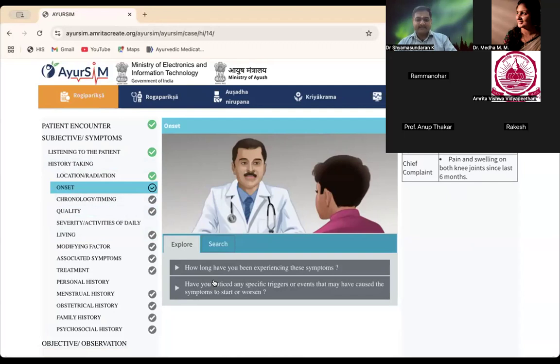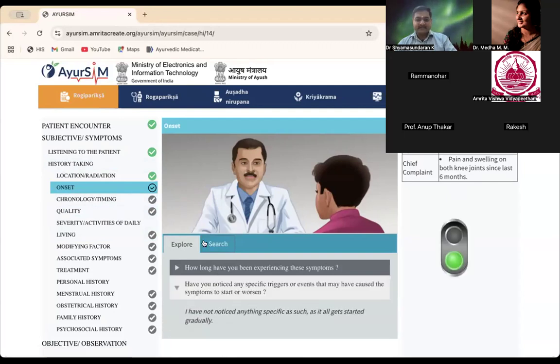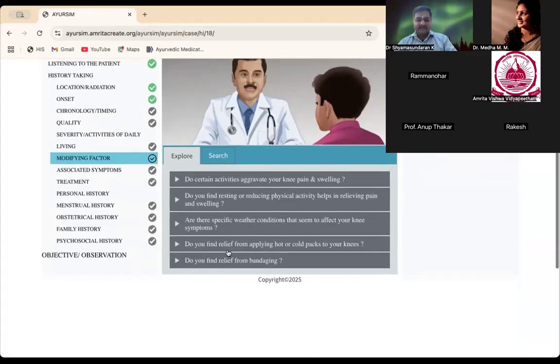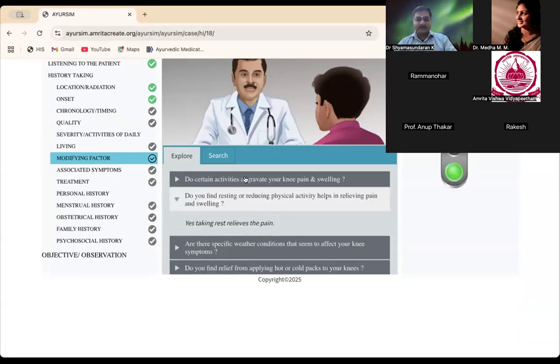But at some places, you may see that certain questions are not required to be asked. So that gives a sign that such questions are not to be asked.